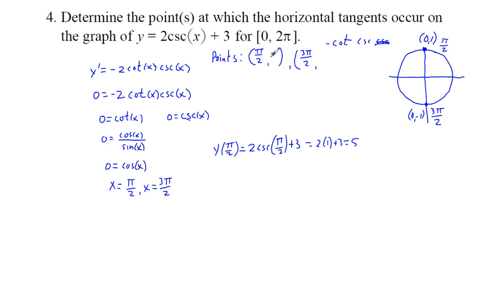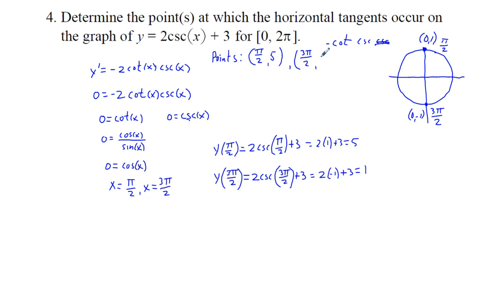So the point being pi over 2 comma 5, and y value at 3 pi over 2 is going to be equal to 2 cosecant 3 pi over 2 plus 3, and cosecant is the reciprocal of sine, and the sine is negative 1, and the reciprocal of negative 1 is negative 1, so we're going to get 2 times negative 1 plus 3, which is going to be equal to negative 2 plus 3, 1.